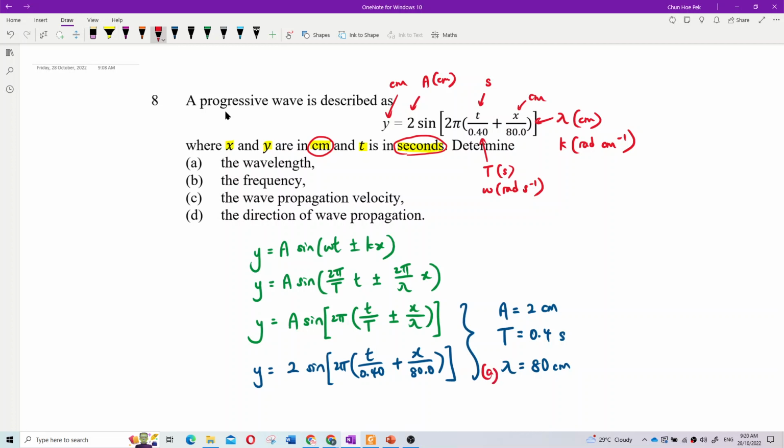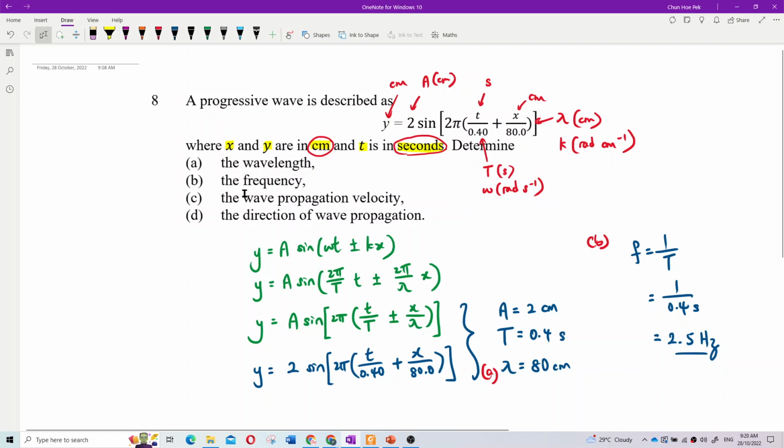Question B is the frequency. Frequency is actually 1 over period, so it's 1 over 0.4 seconds. What do you get? 1 divided by 0.4 is 2.5 hertz.